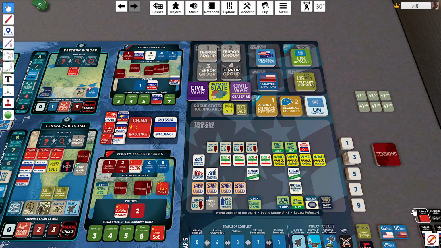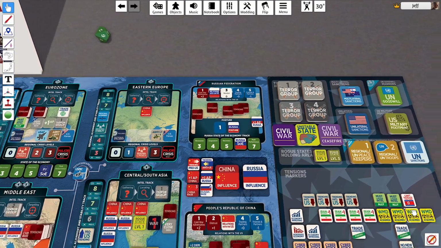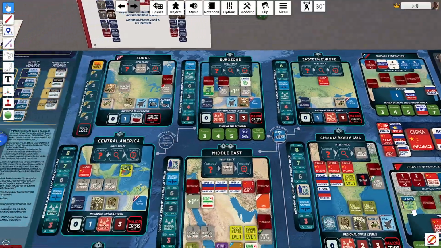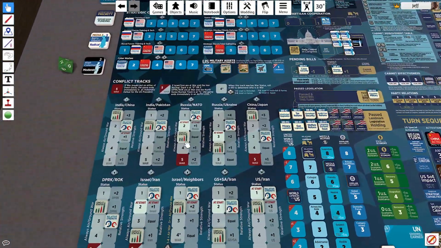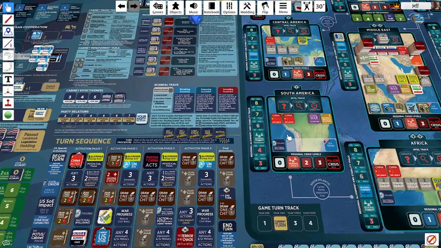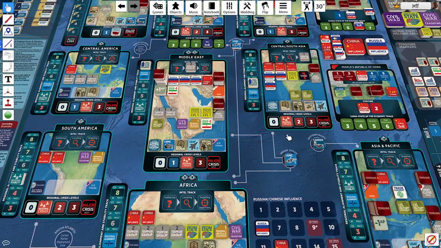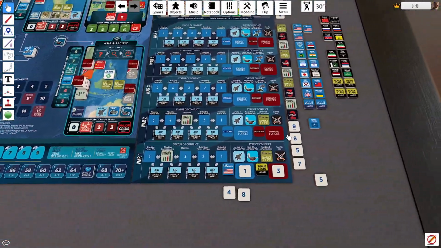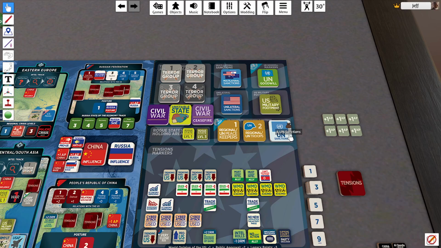Okay, so we rolled a 2, +3 is 5. And then their track adds 3 more for 8. And there's 1 war including US forces, so that makes it a 9. A 9 is they're going to add 2 strength of any war in the Eurozone or involving the US.